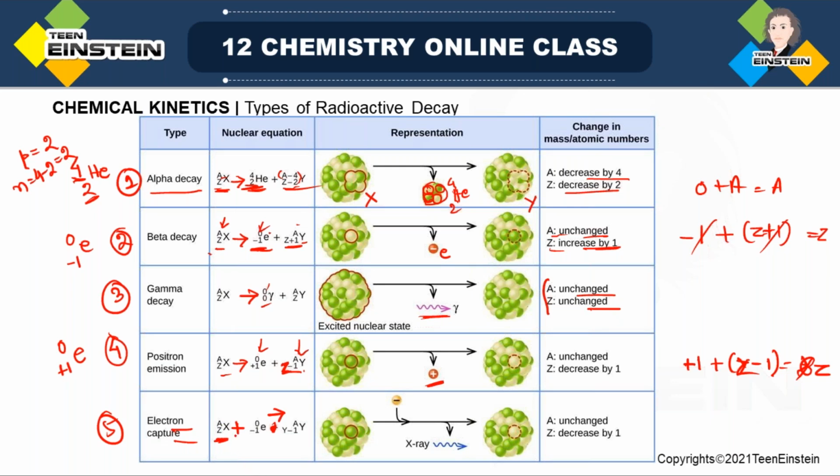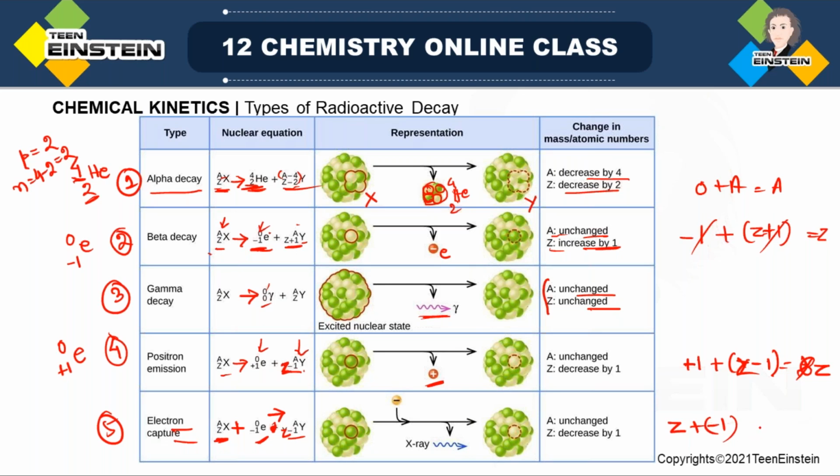So A Z X is capturing electron, and as it is accepting this electron, now the atomic number will be Z minus 1, because in the left hand side, if we consider the charge, it is Z and minus 1 for electron.